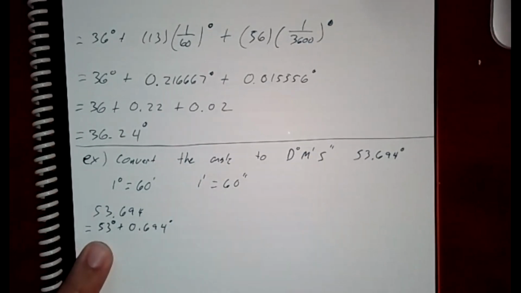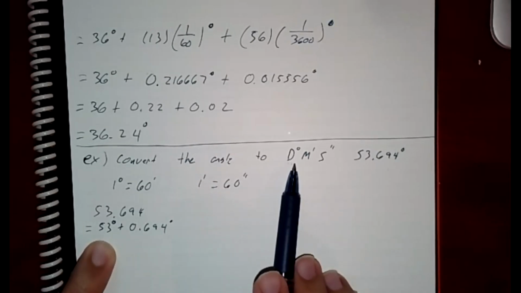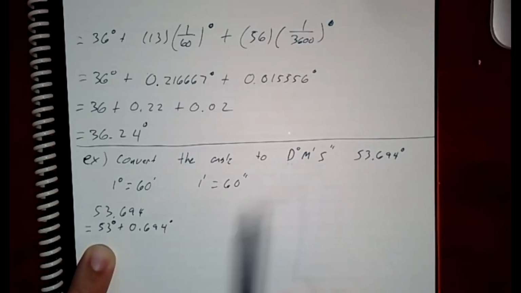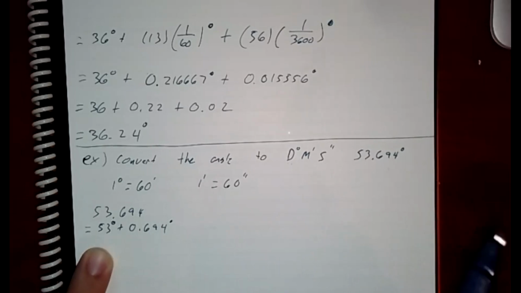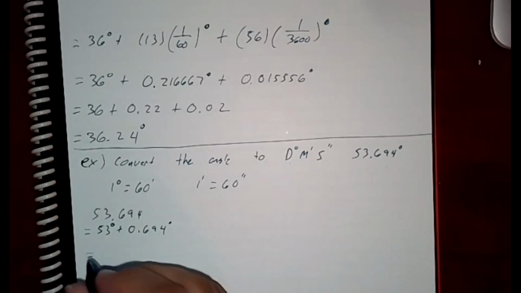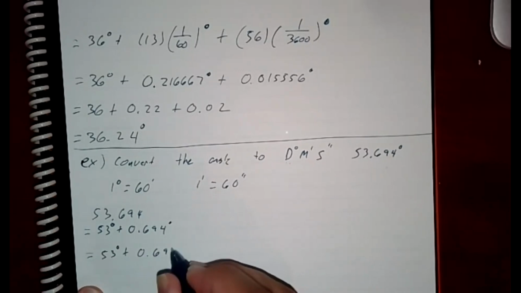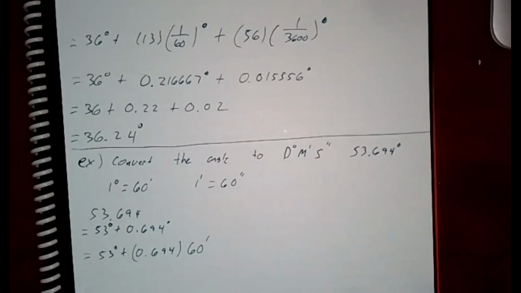So this is going to be the degree part in front, the capital D. Then we have to solve for the minutes and the seconds. Okay. So let's see here. What you want to do is multiply the decimal piece by 60 minutes.